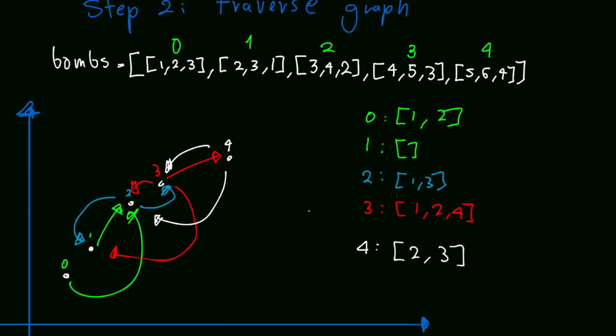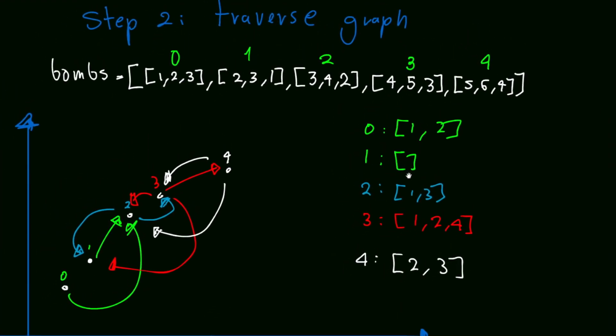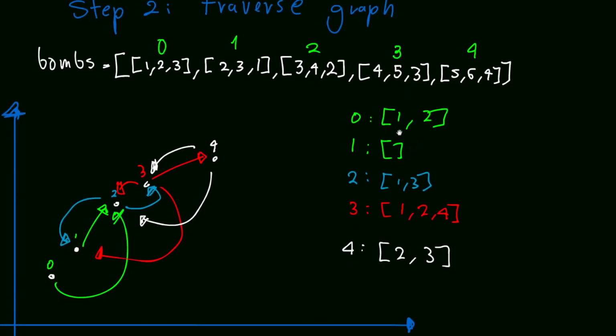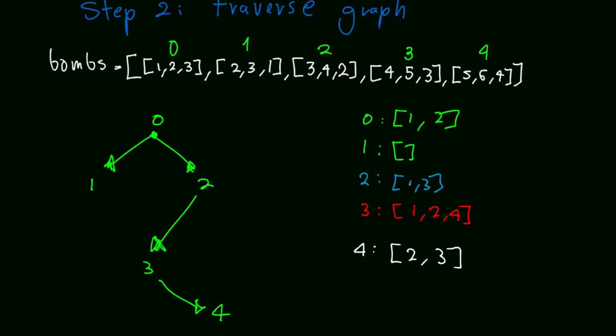So we compare bomb 0 to all the other bombs, and then bomb 1 to all the other bombs. And whenever the radius for the bomb we're looking at is greater than the distance, then we know we have a connection. So that's actually very intuitive, I think. Maybe not how to come up with it. Obviously, none of this stuff is easy.